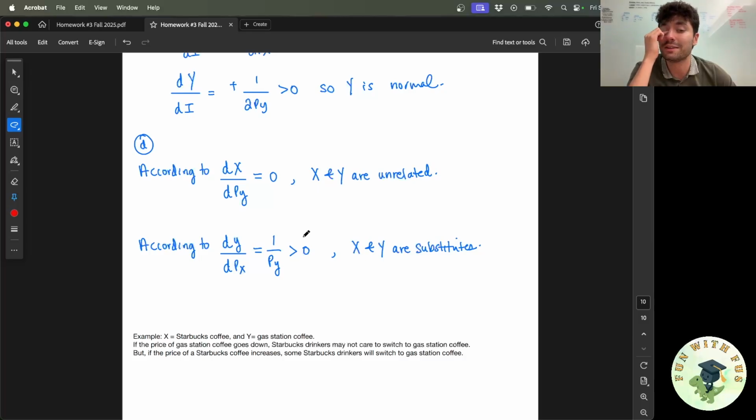I tried reading this example, and it kind of makes sense, but it doesn't really make sense to me.